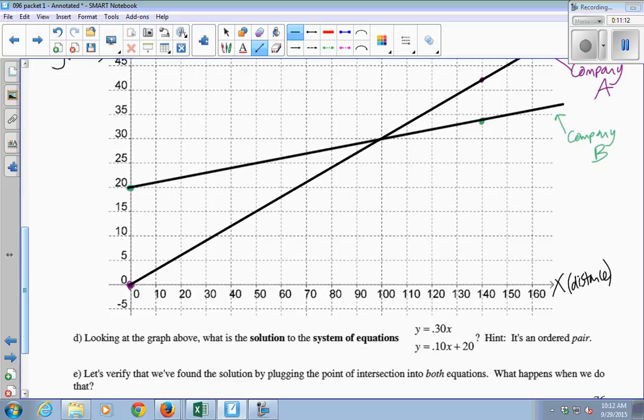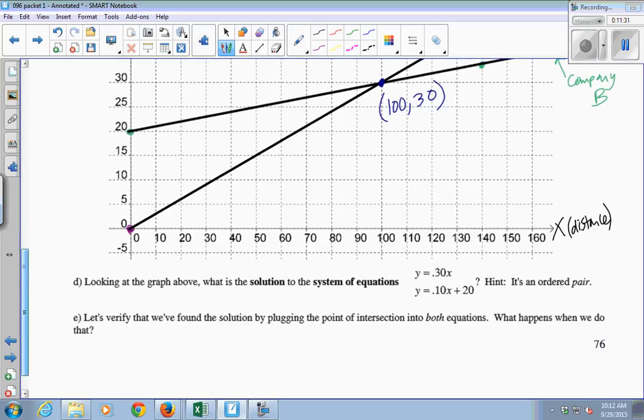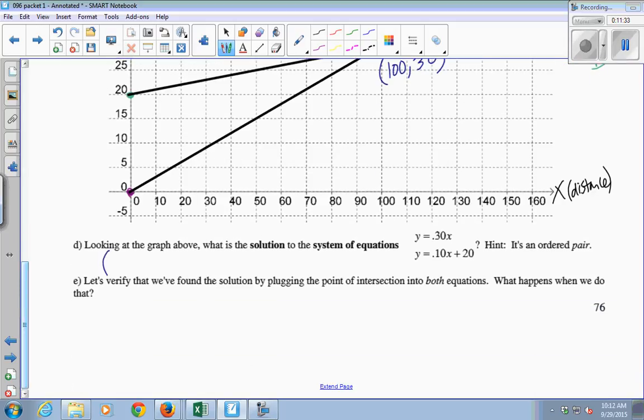What xy point is on both of those lines? Yeah. This point right here, where they cross, that point is on both line A and line B. And it's got coordinates 100, 30. Okay, so my solution is the point 100, 30.